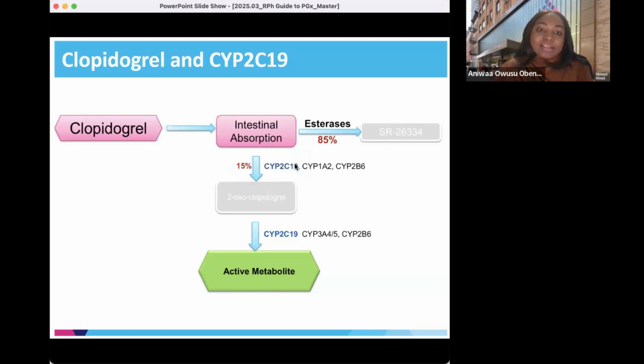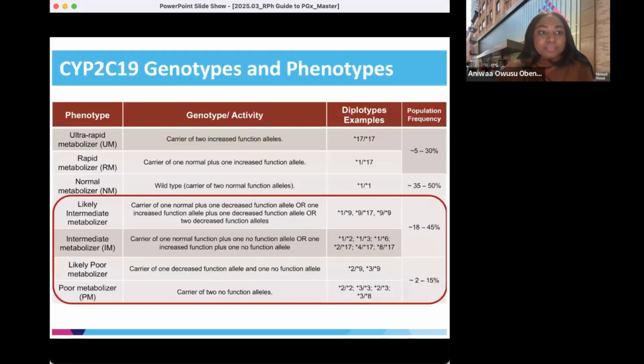However, the enzymes involved in that bioactivation process are CYP2C19, CYP1A2, CYP2B6, CYP3A4, and 5, and of course CYP2B6 again. But CYP2C19 is the main enzyme responsible for that bioactivation process. That's why we focus on 2C19. It's not the only one involved in that process.